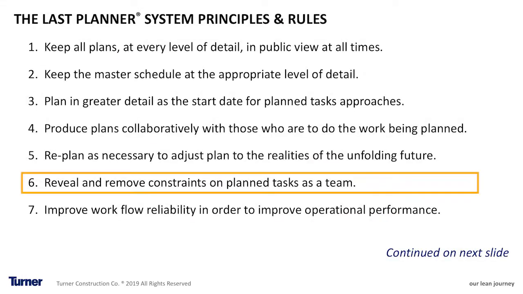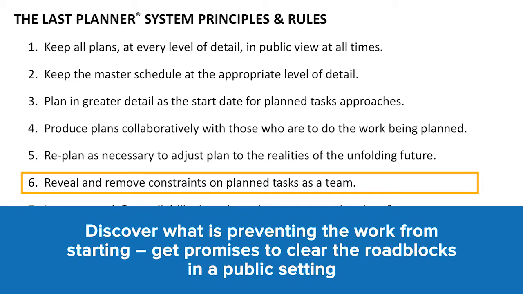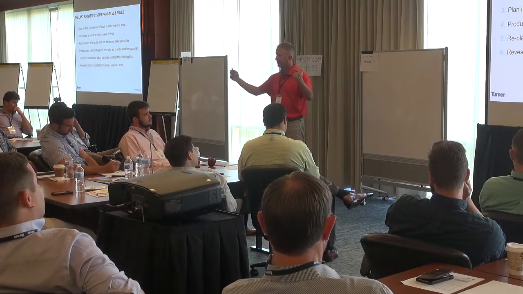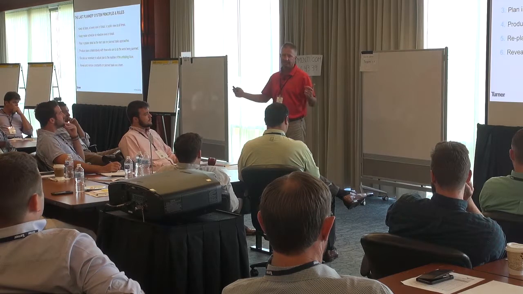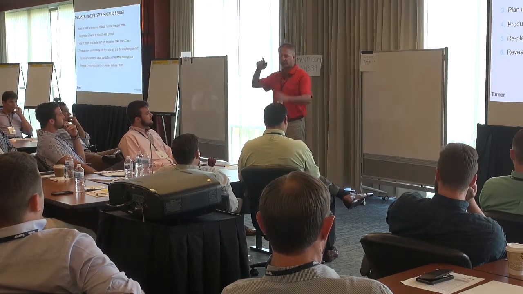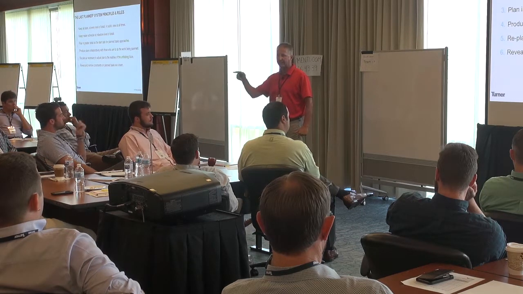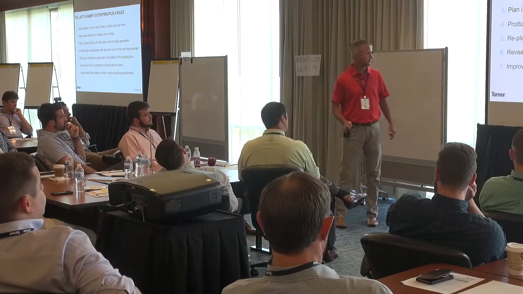Make-ready planning: revealing and removing constraints. A lot of folks think that I just need to take a 6-week look-ahead out of P6, and that's my make-ready plan. Make-ready planning is looking at your tasks that are coming up in those 6 to 8 weeks, and asking what can I not start or finish? Remove the constraints so I can start them and finish them.